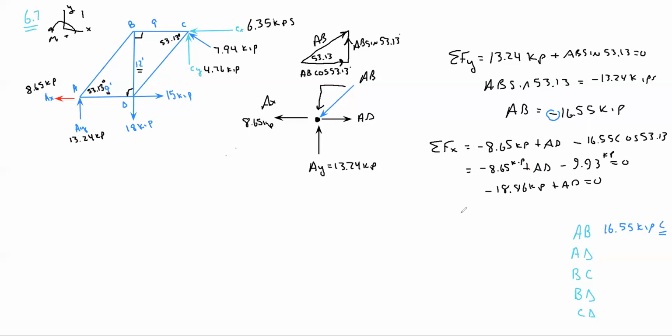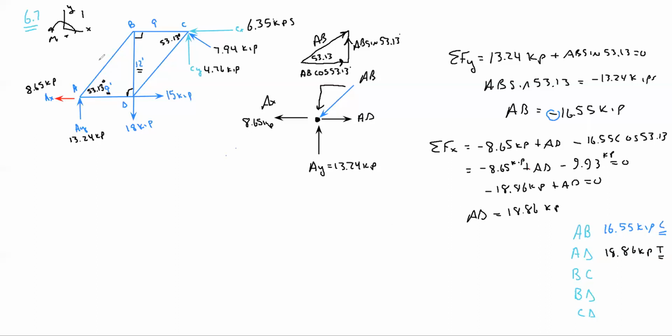Add 18.86 to both sides, and we end up with the force in member AD equal to 18.86 kips. Notice that that is positive. That's an indication that I made a good guess on whether the member was in compression or tension. I have the arrow going away from the joint. From yesterday's lesson, we know that means it's in tension. So 18.86 kips in tension.